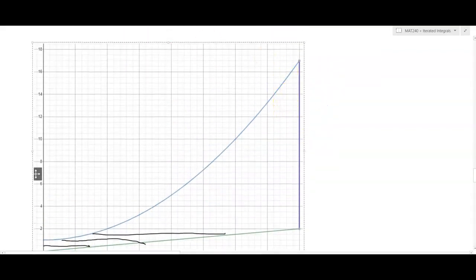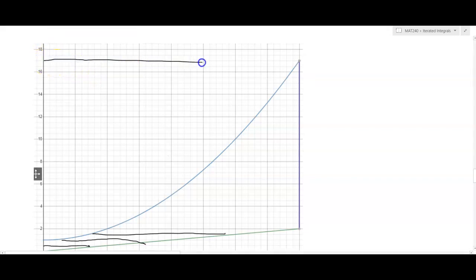I'm not going to draw all of the strips, but we're going to continue breaking this thing up into strips until we reach the topmost point. So we're going to stop here when we reach this value of y, which is y equals 17. And the reason we know that's 17 is because that's where x squared plus 1 is when x is 4.